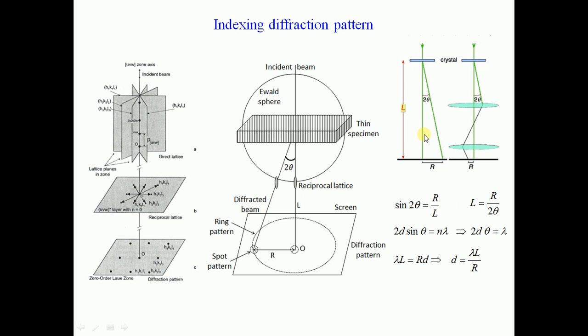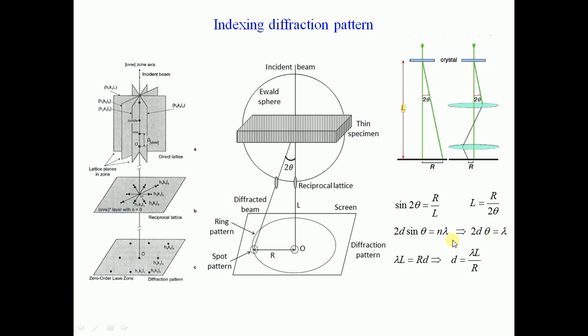What is L? You know the distance between your crystal or the sample and the detector, so that is known. Or from the diffraction pattern, you can measure the distance between the middle spot and the first ring, second ring, etc. Keep in mind, for each plane, you get one ring.